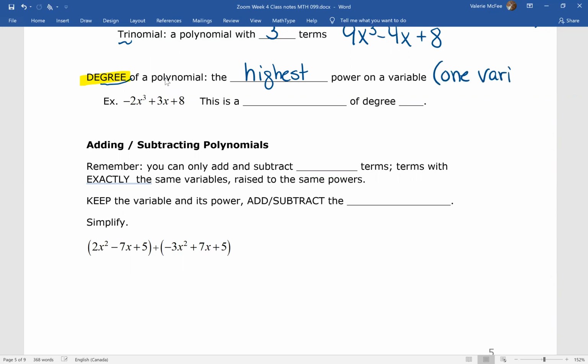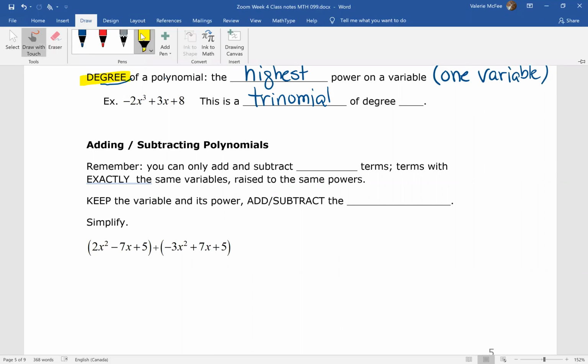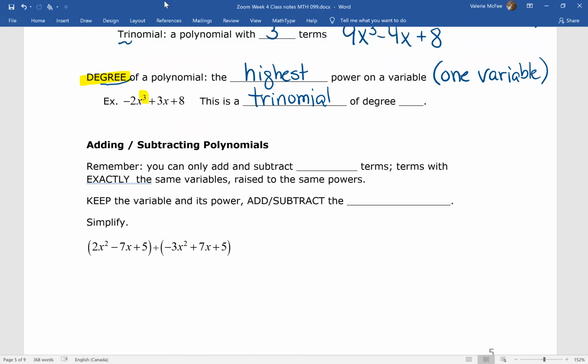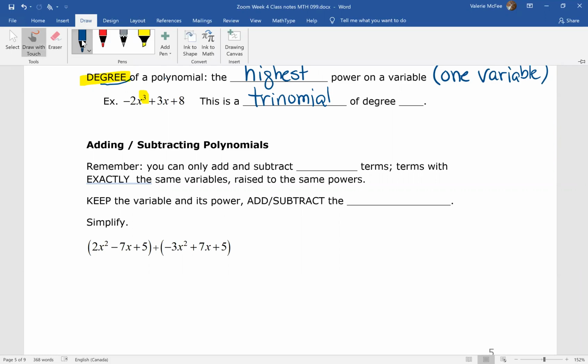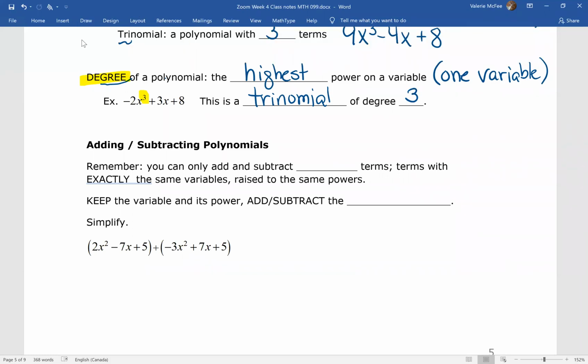If there's more than one variable in a polynomial, the definition's a little bit different, but we're not going to be looking at the degree of those types of polynomials. So if you look at my example here, we have a polynomial of three terms. So we know that this is a trinomial. What is the degree? Well, the degree, again, is that highest exponent. It has a degree of 3.